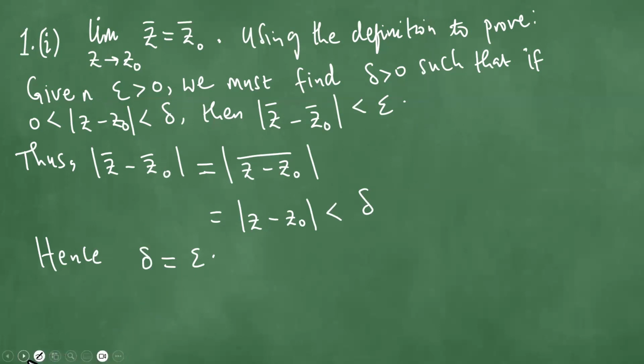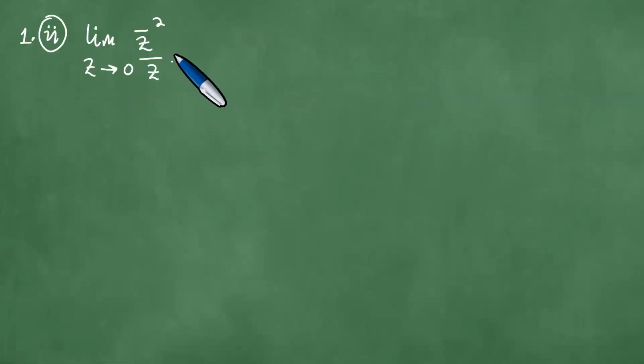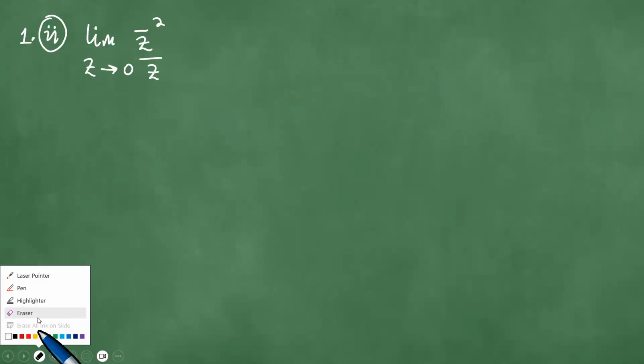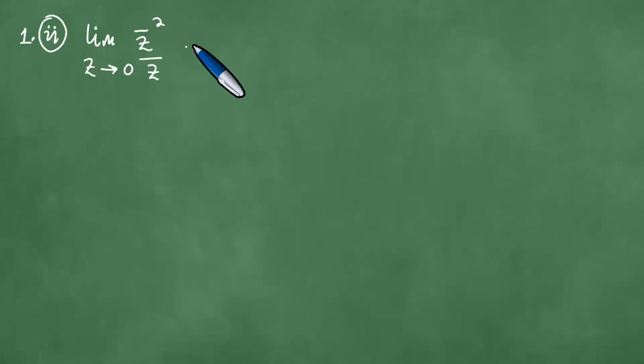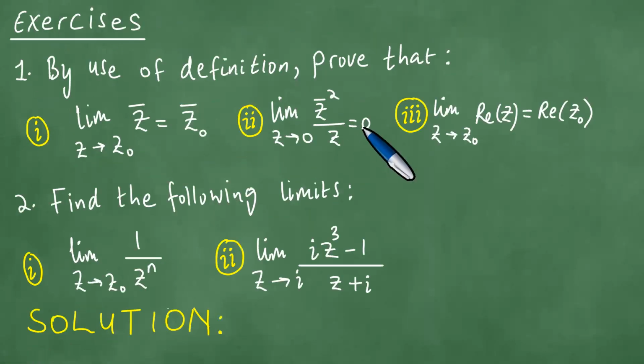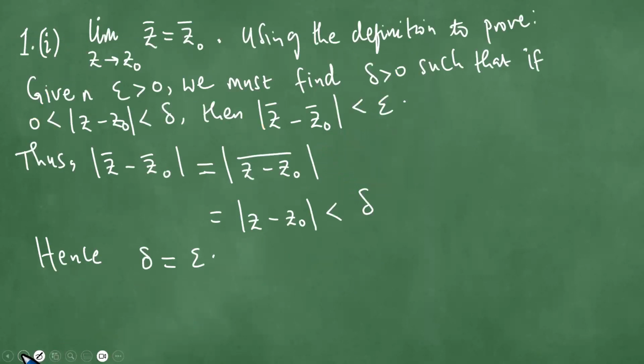So we proceed to look at the next thing. Right, in view of this one here, we need to prove that this limit equals 0, because that is what this says. And we proceed to prove this.